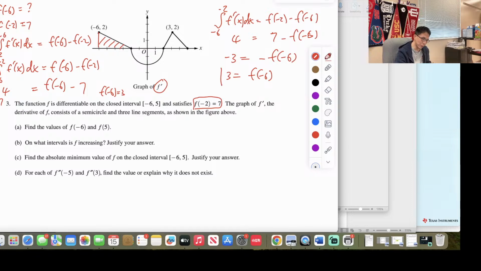And this would result in the exact same situation as before. So the orientation doesn't matter, as long as the area under the curve that you figure out is accounted for, whether there's a negative sign in front or not.